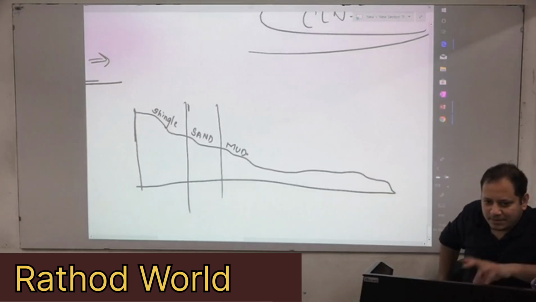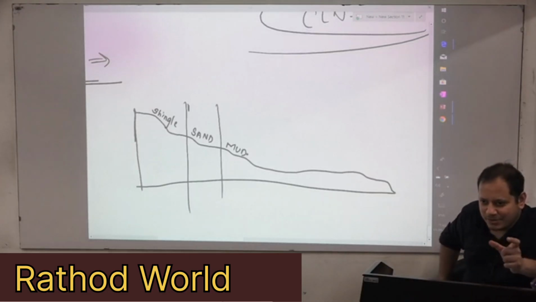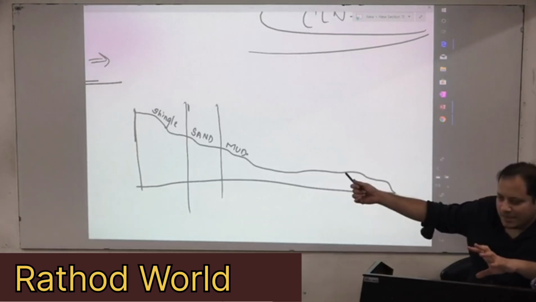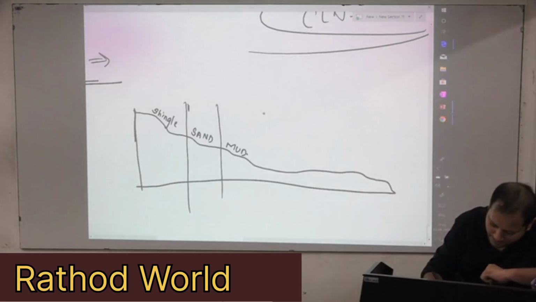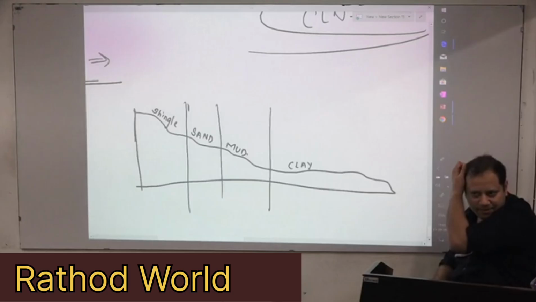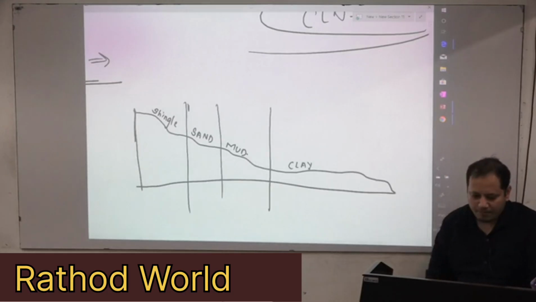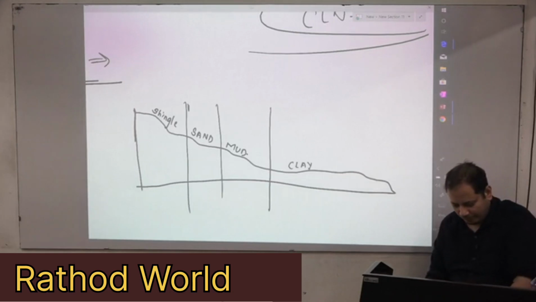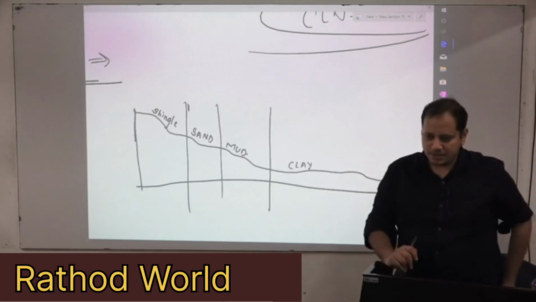Shingle is सैंड से थोड़ा बड़ा पार्टिकल्स, फिर सैंड और छोटी हो जाएगी, फिर मड, और उसके बाद ऐसे अरेंज हो जाएंगे इन द ग्रेडेड मैनर. Arranged in the graded manner.